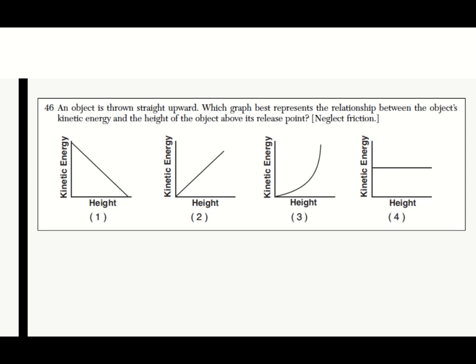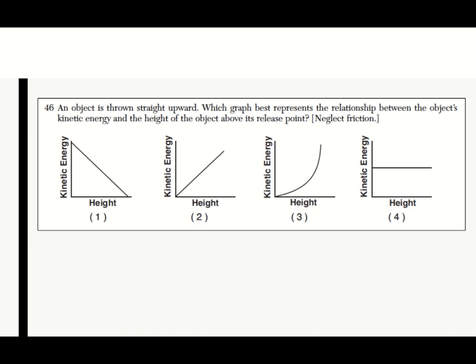So number 46 has an object being thrown straight upward. And it's going to come back down, but we're just looking at the way up. At the top point, the peak, it comes to rest. As it's going upwards, it's fighting against gravity, because gravity will always act downward.